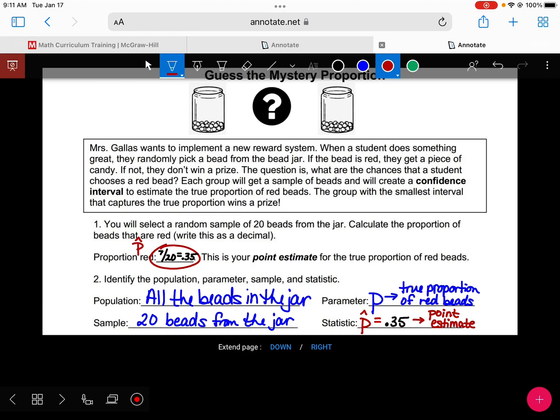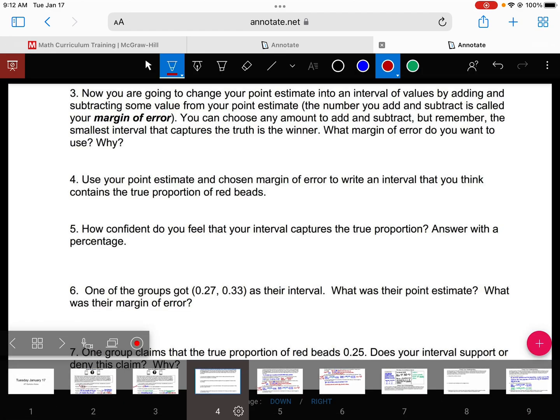And then decide how confident you think you are in your estimate. While you guys are doing this, I'm going to come around and collect your samples since everybody has their point estimate calculated already.